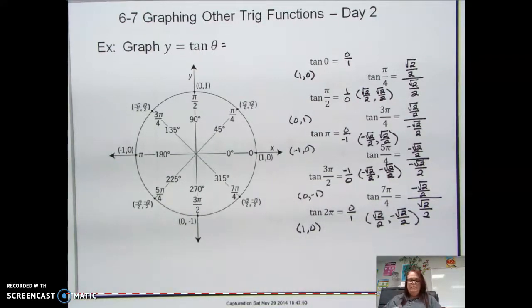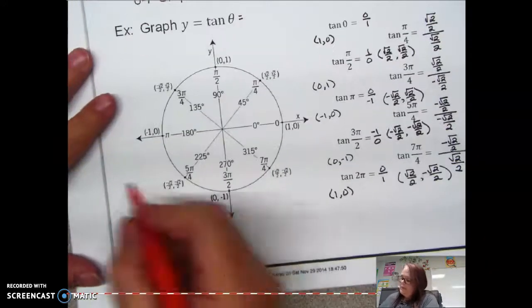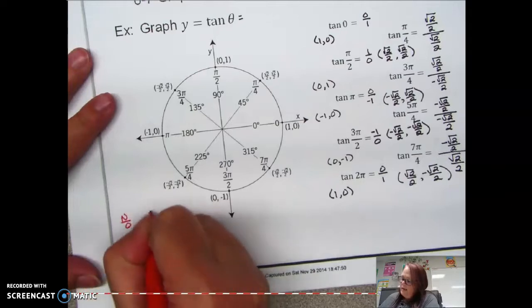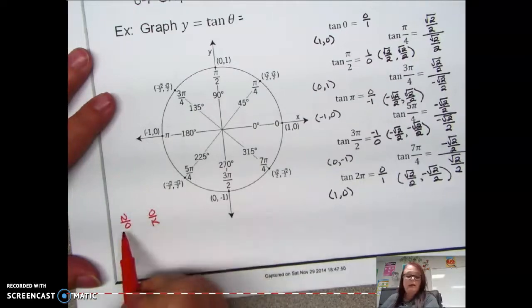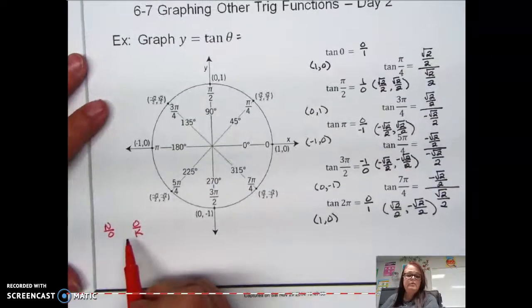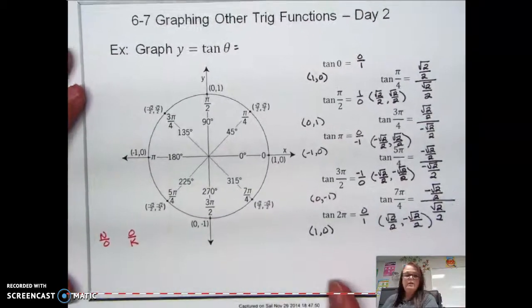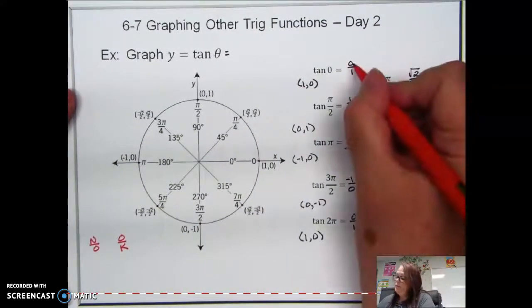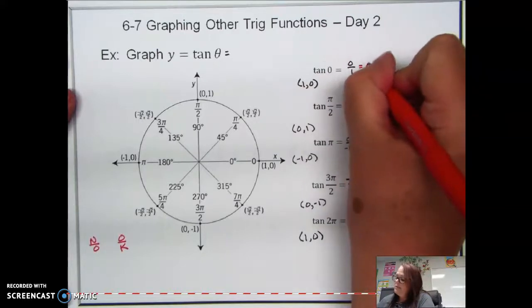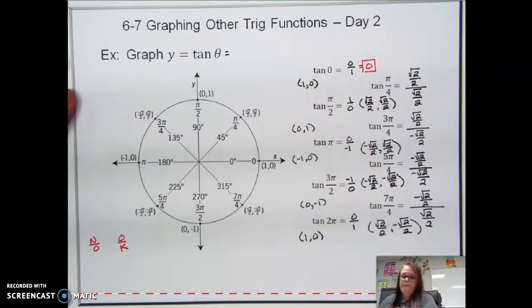So if I clean this up, I'm going to do it in red so that we can see it. And remember, we have the saying of no versus okay. So it's not okay to have 0 in the denominator, but it is okay to have 0 in the numerator. So in this case, we've got 0 over 1. That's an okay, so that's going to be equal to 0.